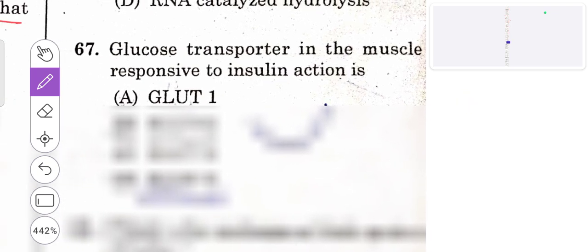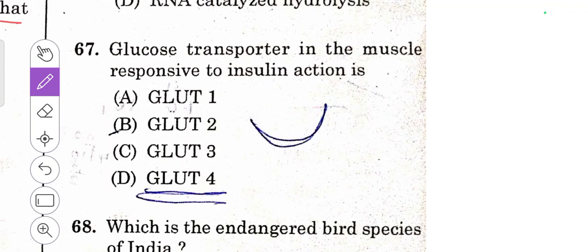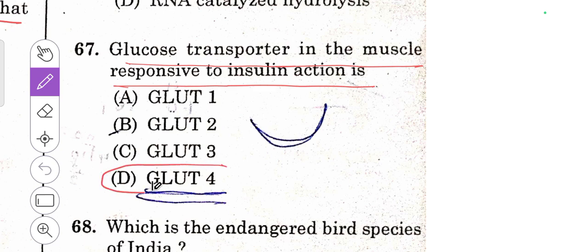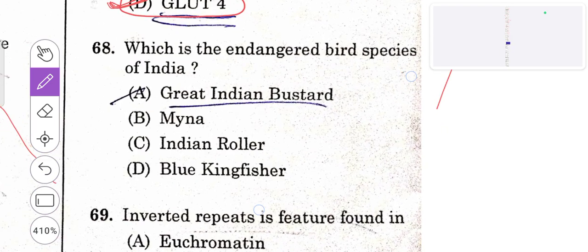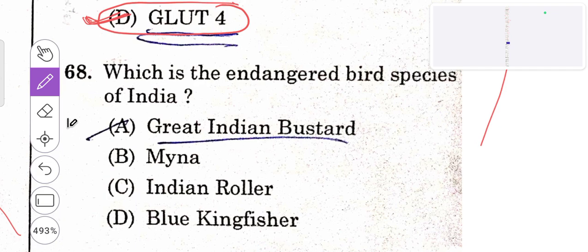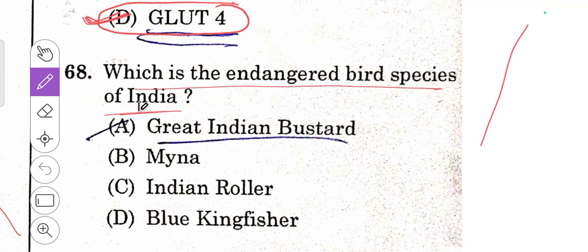Then 67th question. 67th, the glucose transporter in the muscle responsive to insulin action is... So the insulin-responsive glucose transport is done by GLUT4. 68th question, which is the endangered bird species of India?